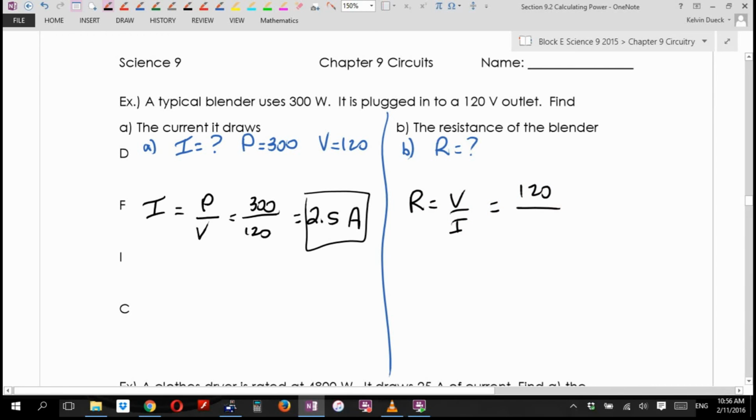What's the current? 120 divided by 2.5. I should be able to do that in my head. 48. 48 what? Okay. Touchdown.